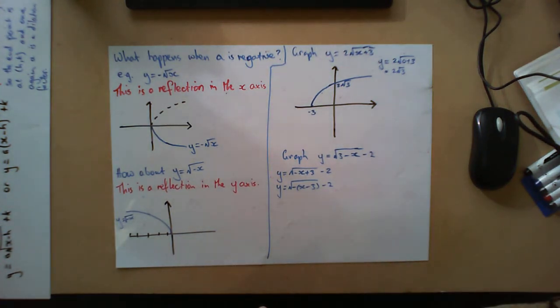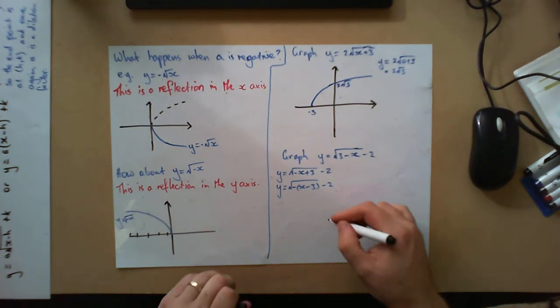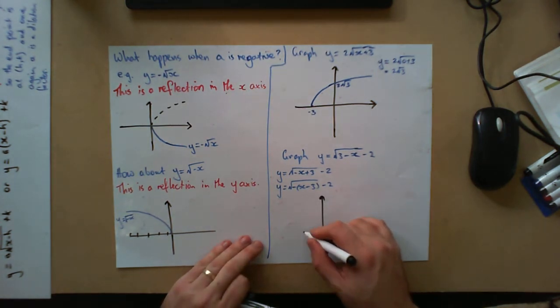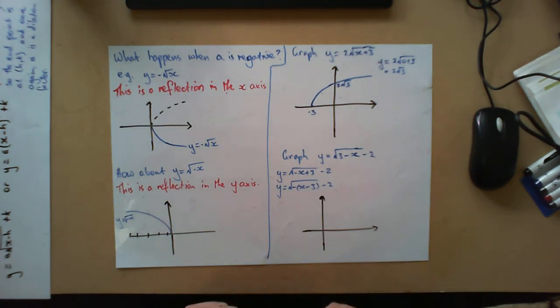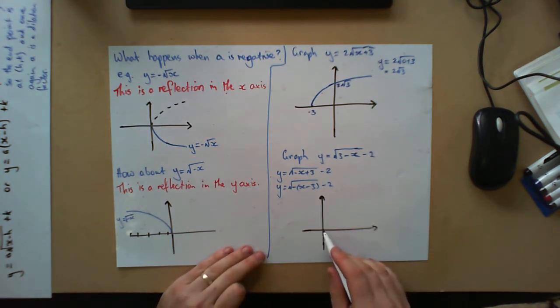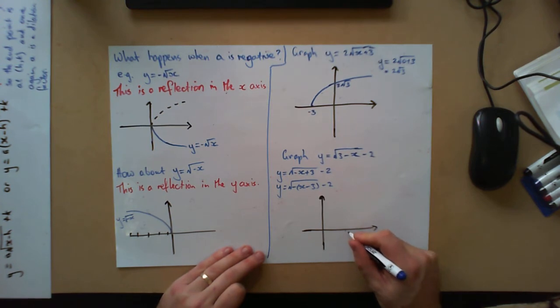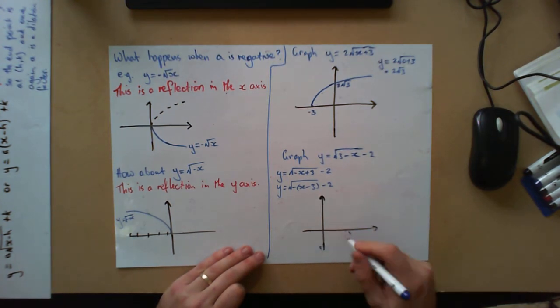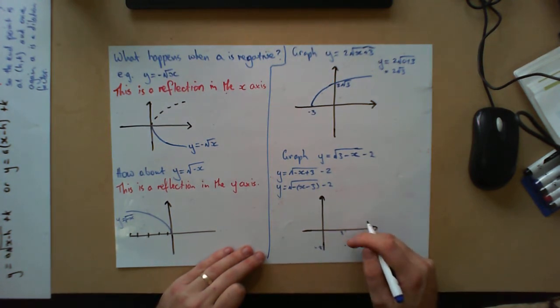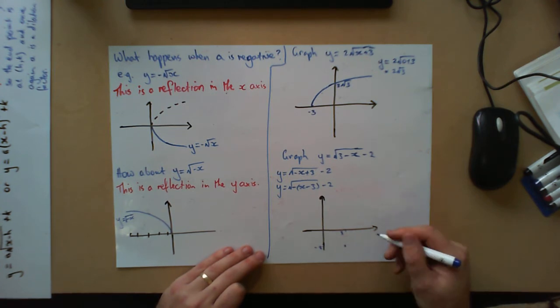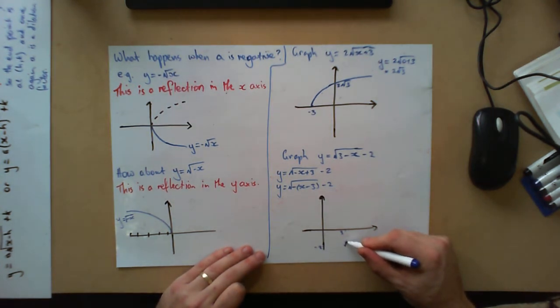So when we graph this now, we know that our interesting point, that endpoint, has been moved across to the right by 3 and down by 2. So if this is 3, this is 2. And my endpoint is down here. Sorry, negative 2. My endpoint is down here now. And we're going to come up like this.